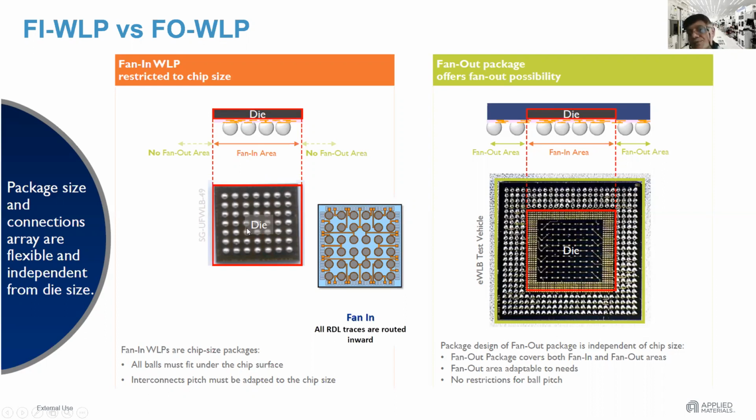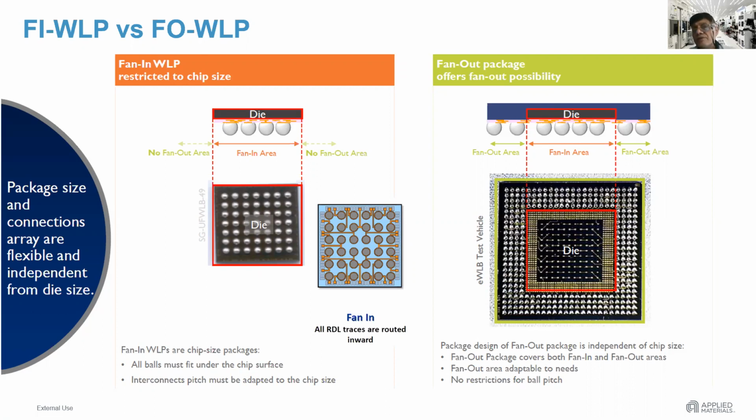So this puts a lot of restriction on the size of the solder balls in this package, and on the gap, the pitch between the solder balls. It is also going to come under pressure as you go to lower and lower die sizes, because in semiconductors we are going to lower and lower die sizes now, so there can be tremendous pressure to create devices with fan-in wafer level packaging.